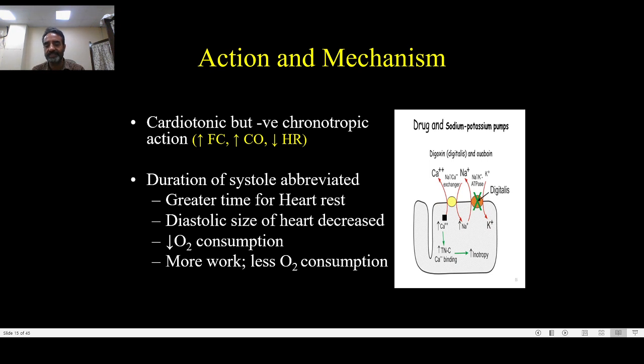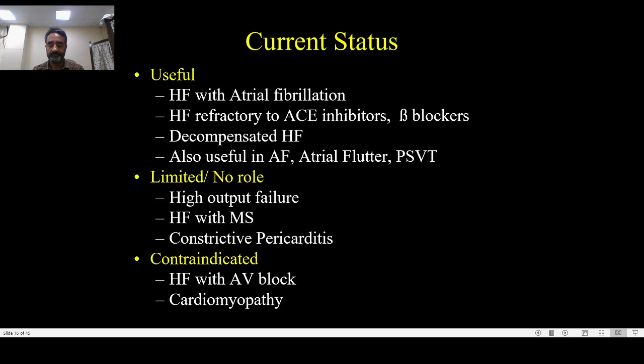So if calcium is retained inside the myocyte, there is more tendency for the myocyte to contract. So there is increased inotropy, ultimately leading to the positive inotropic action of the muscle fiber. So this was the mechanism of action of digitalis.